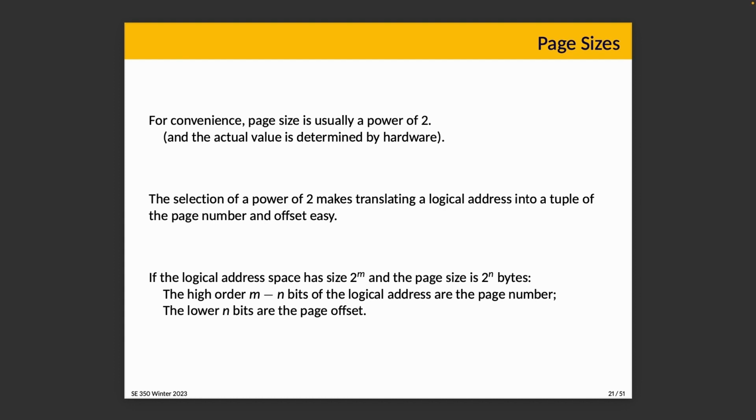Like I say, it typically comes from things we've got going on with the disk drive, but it's doable. It's 2 to the power of 12, so n equals 12, which means that in a 32-bit system, the high order 20 bits are the logical address page number, and the lower 12 bits are the page offset.